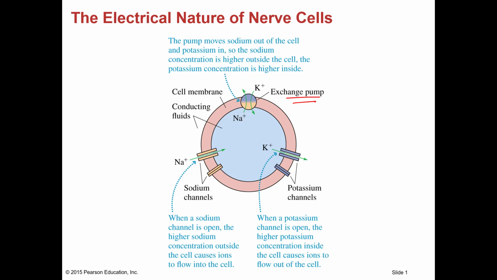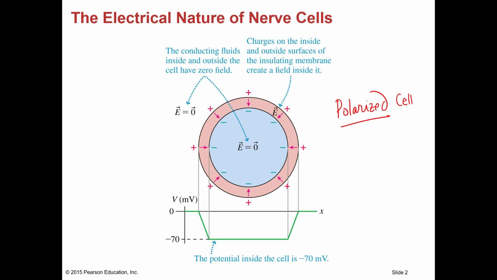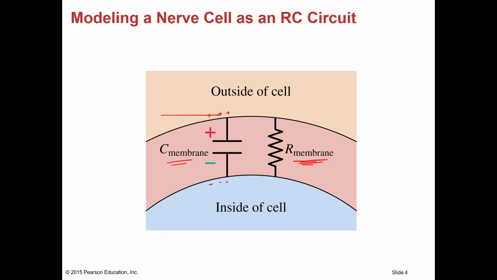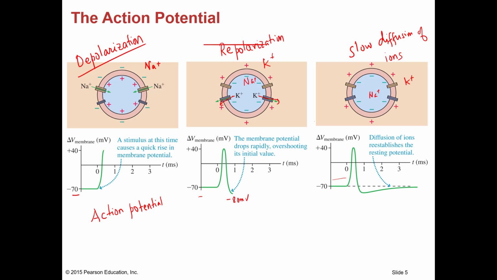So it will exchange the potassium and sodium through the pumping, through this ATP process. Sodium ion would be moved out, potassium would be moved in. And again it maintains the potential. Okay, so this is in response to a stimulus.